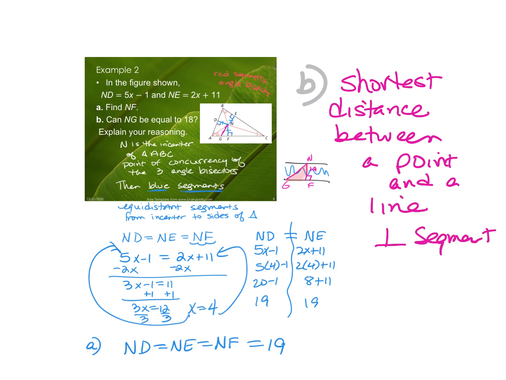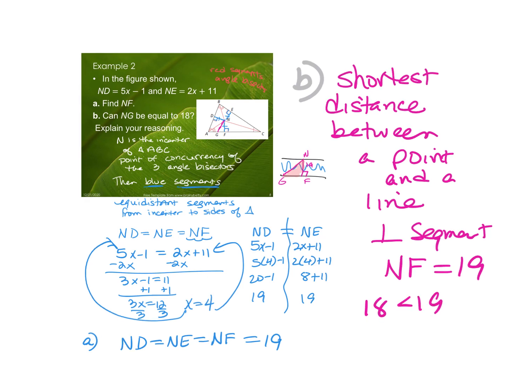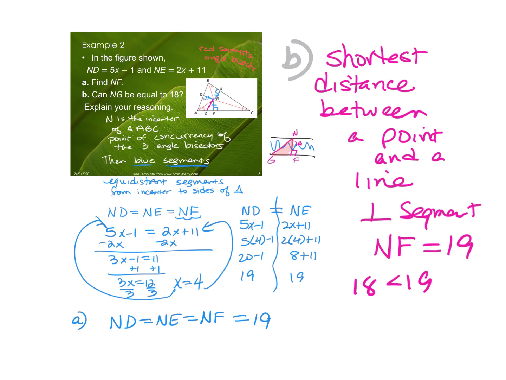In my picture, that was NF, ND, or NE. Because NF equaled 19, and 18 is less than 19, this would not happen. So NG could not equal 18. It would have to be bigger than 19. And that is it for the notes on section 2 of chapter 6.